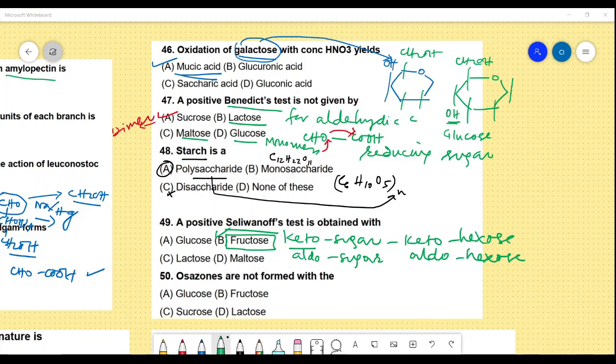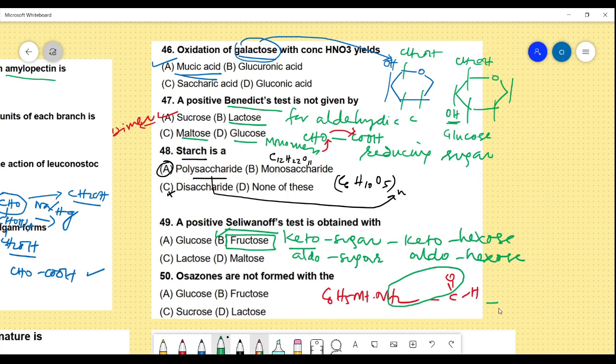The 50th is a very important reaction that you have often seen. Osazones are not formed with which? What is an osazone? Phenylhydrazine, C6H5NHNH2, is used to react with the C=O group of carbohydrates, and one water molecule is removed.